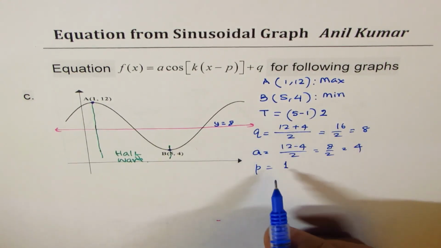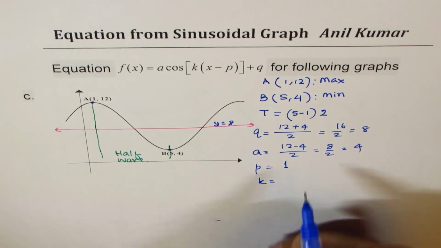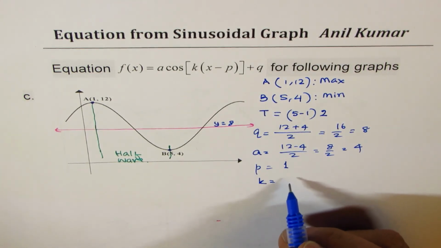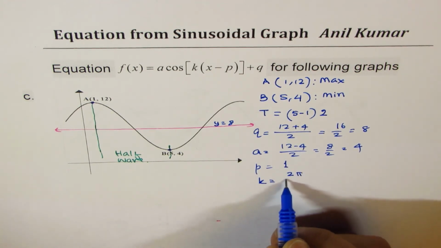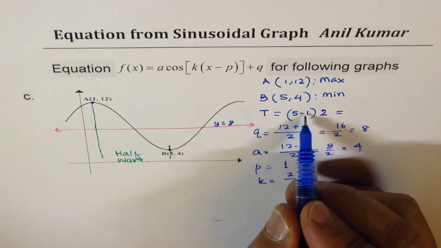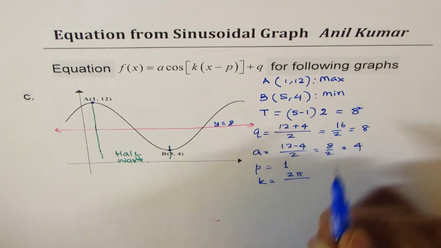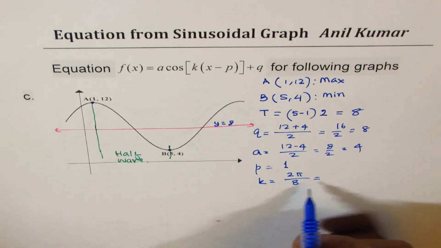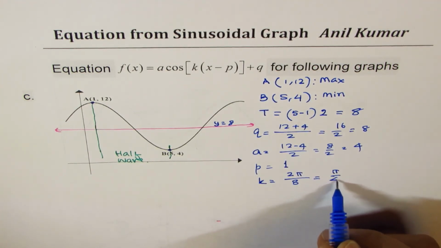Now, once we know all this, k is the last thing to do. If you're working in radians, it'll be 2 pi by the time period, which is, I should calculate this, 5 minus 1 is 4, 4 times 2 is 8, right? So it is 2 pi by 8, which is pi by 4.